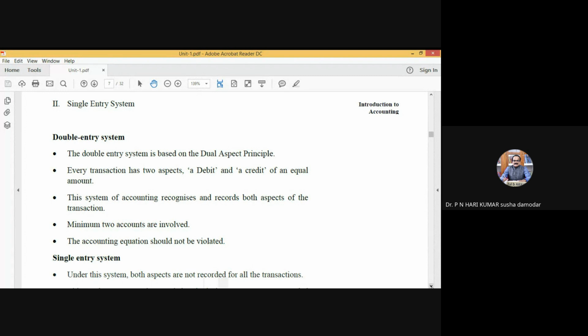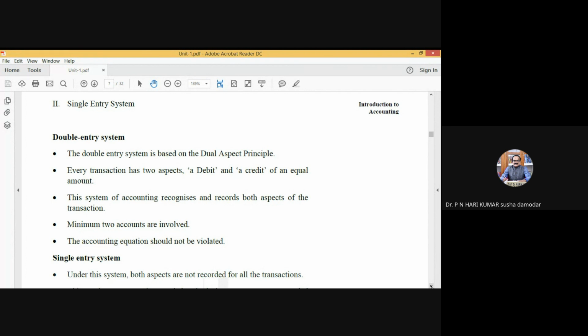Purchase of furniture, furniture and cash. That means the accounting equation should not be violated. In the double entry system, we have an accounting equation: Asset is equal to equity plus liability. That particular equation has to be followed in the double entry system.